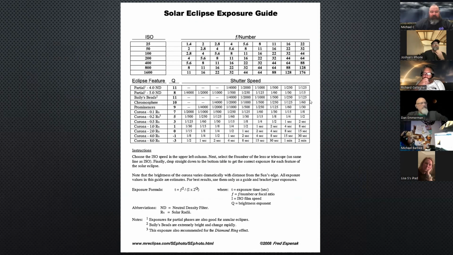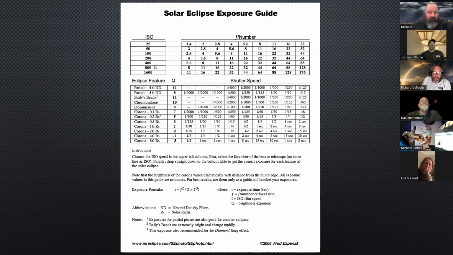I will send this out to everybody or to anybody that wants it. I've got it in a PDF. Don't get overwhelmed by the numbers on it. It basically is a chart to help you figure out where you want to be during the different parts of the eclipse to give you the best shutter speeds. And the good thing is it explains fairly well how to figure it out.